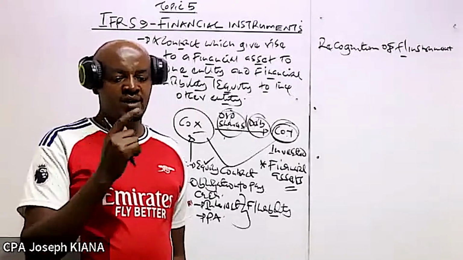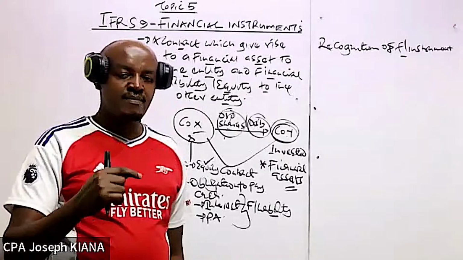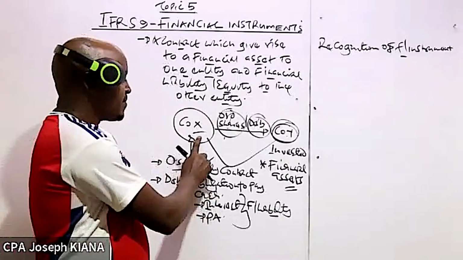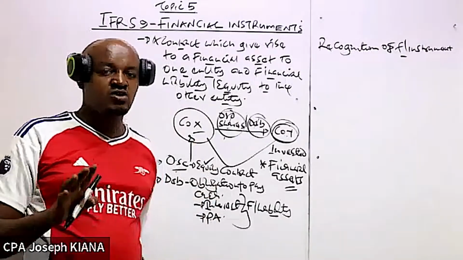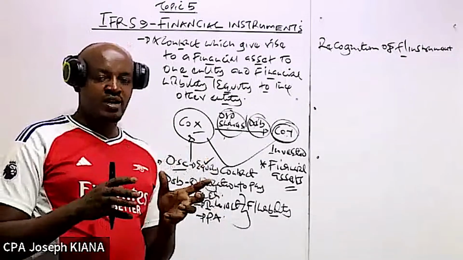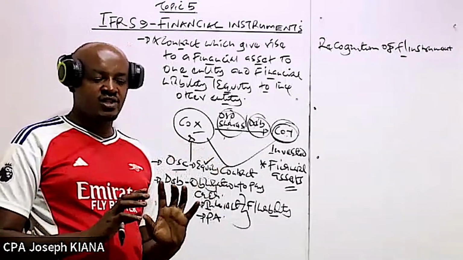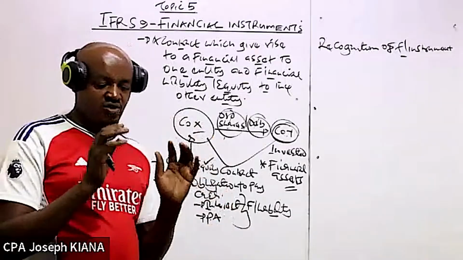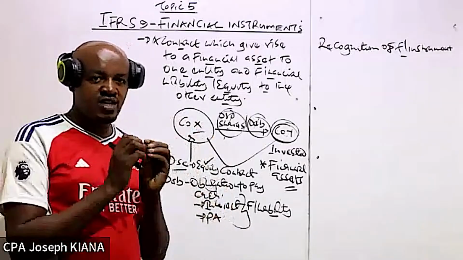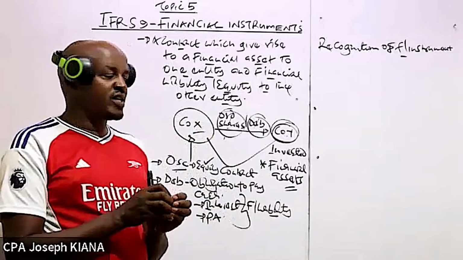An entity becomes a party to this contract once the company issues the shares or debentures, not when the company receives money for those shares or debentures. Once the shares or the debentures have been issued, the company is said to have entered into that contract.